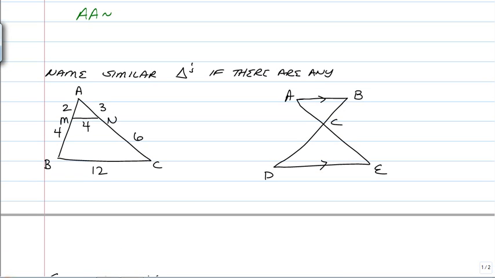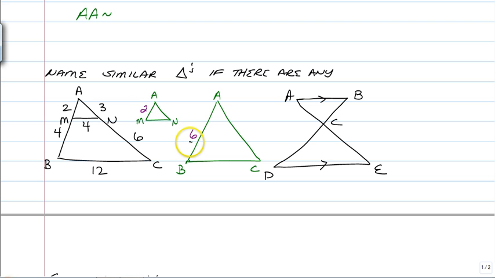Name similar, if any. So you have 2 triangles in this one. And again, I'm going to emphasize the fact that you should always redraw these to see if you in fact have similar triangles. Because when we get to the algebra part, you might be better off redrawing. So we know that AM is 2, and we know that AB is 6.